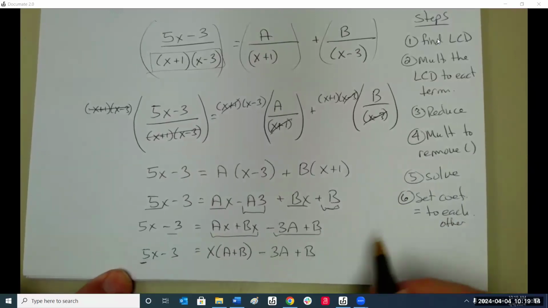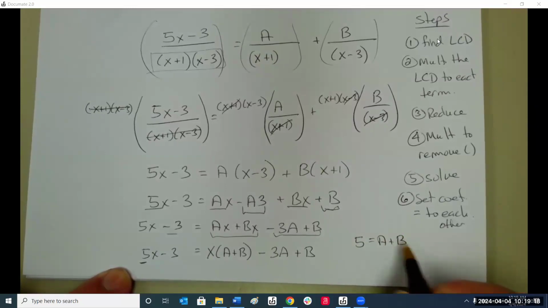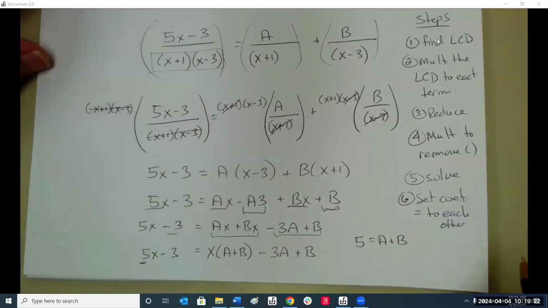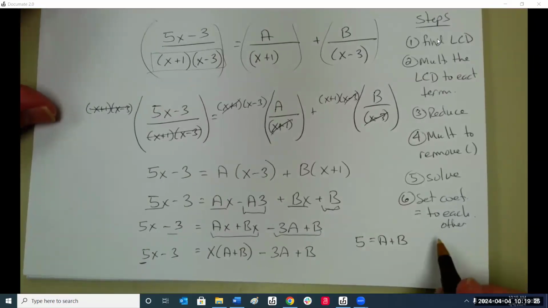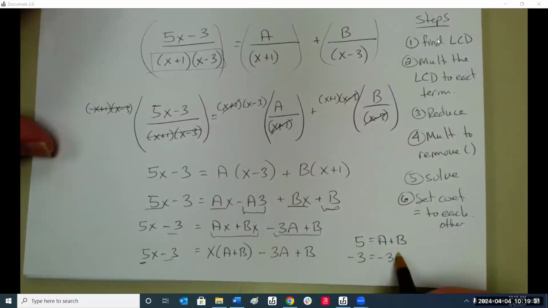We know that 5 is equal to A plus B, and then negative 3 is equal to negative 3A plus B.